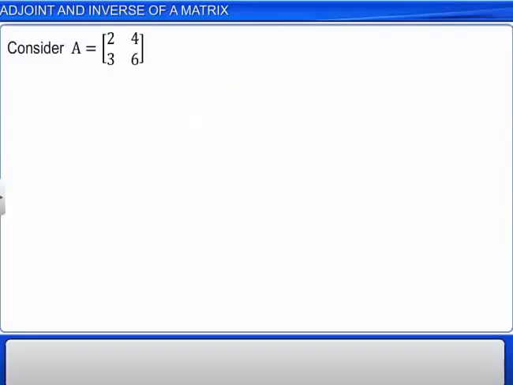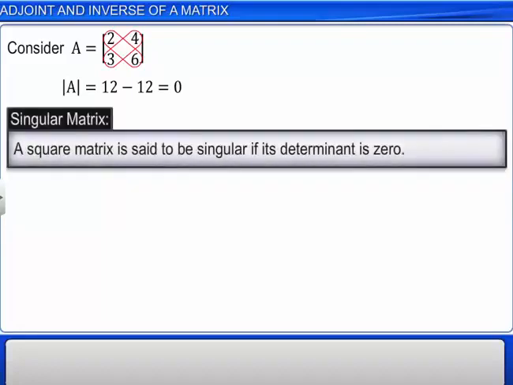While calculating the determinant of a matrix A, you often come across situations when it comes equal to 0. A matrix whose determinant is equal to 0 is said to be a singular matrix. Mathematically, a square matrix is said to be singular if its determinant is 0. So, here we can say that A is a singular matrix.